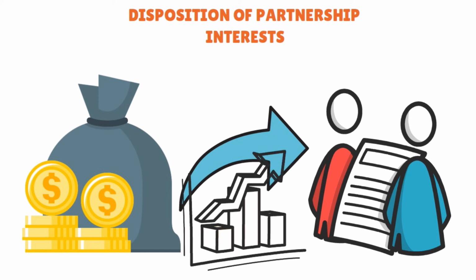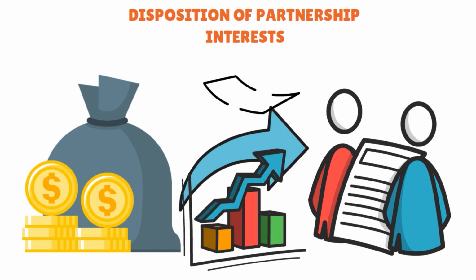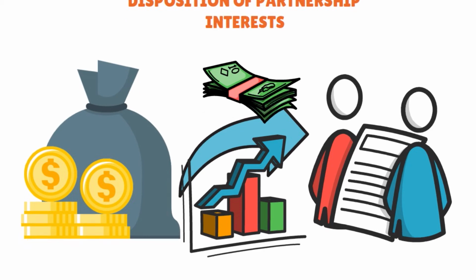The IRS looks at it as ka-ching, ka-ching, ka-ching. That's money coming to you, right? So what happens here is that this transaction increases a partner's amount at risk. And this provision enables a partner to deduct losses previously suspended under the at-risk rules to the extent gain is recognized. And this is an important distinction, if you were to ask me.